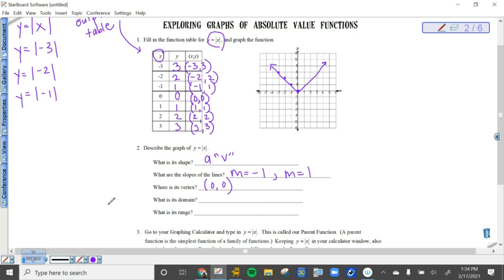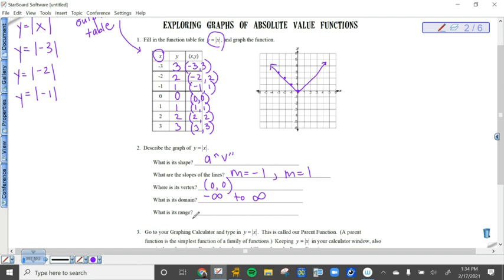I could put any number I wanted to. And I can tell that because these two lines go out in either direction forever and ever. So on this side, it's going to go all the way out to -infinity, and on this side, it'll go out to +infinity. So my domain is from -infinity to +infinity.